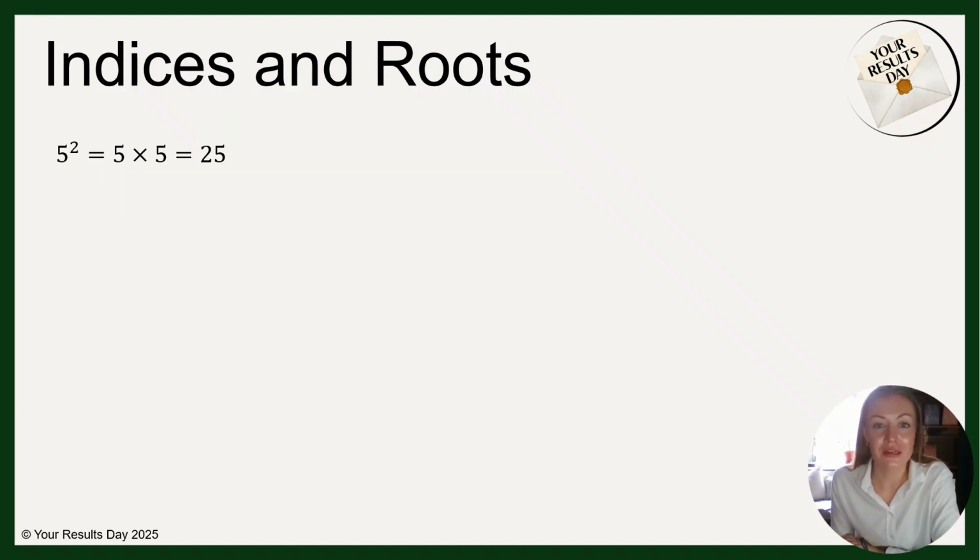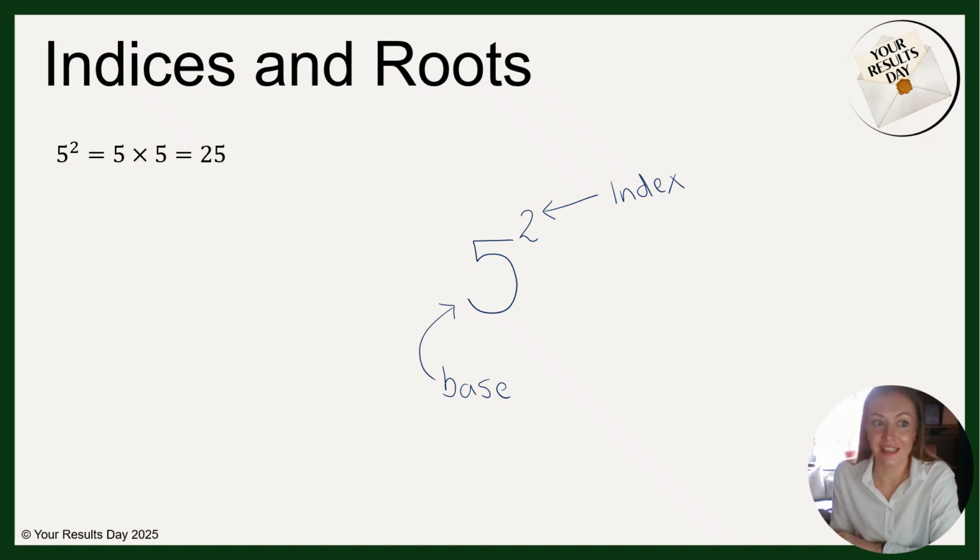Okay, first of all, looking at indices, I'll use a really simple example. So if we have the number 5, and we put a little 2 to the side of it, this large number, which is just an ordinary number, it's nothing special, we refer to as the base, and this small number we refer to as the index, which is the singular for indices.